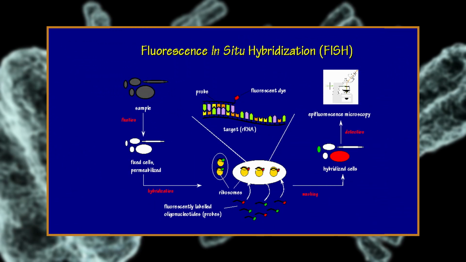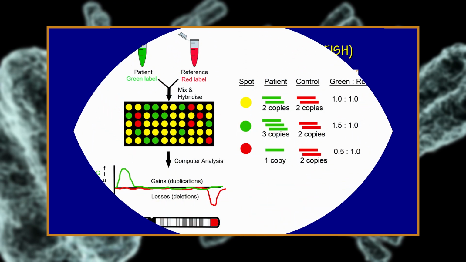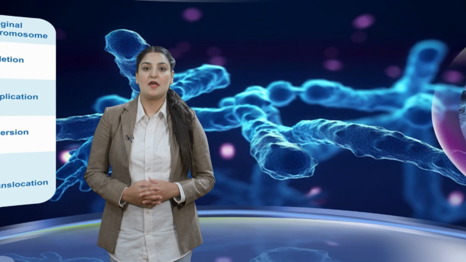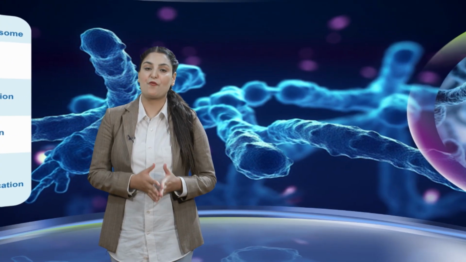We have FISH, fluorescence in situ hybridization, which helps detect smaller or more subtle chromosomal changes by using fluorescent probes that bind to specific DNA sequences. We see chromosomal microarray analysis, which detects copy number variation that may not be visible in karyotypes. These tests can be conducted before or during pregnancy to determine if the fetus has any chromosomal abnormalities.